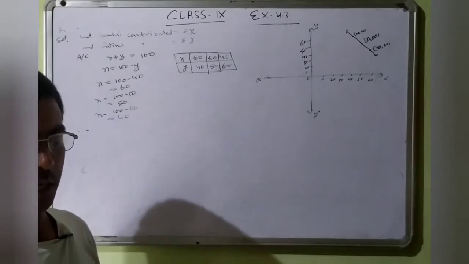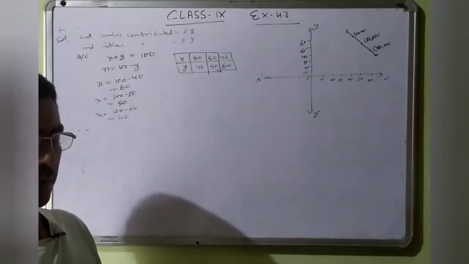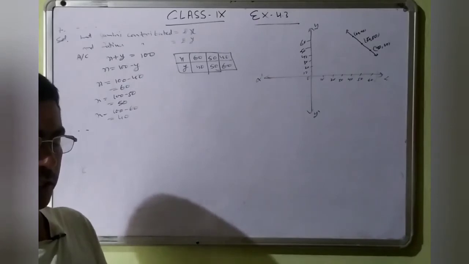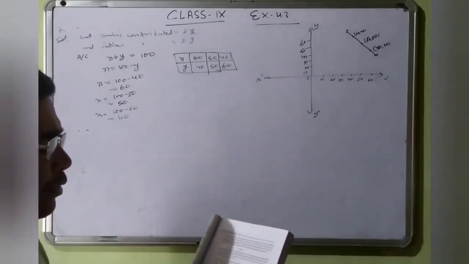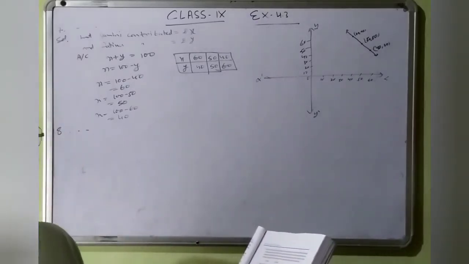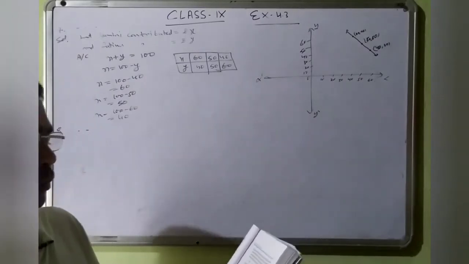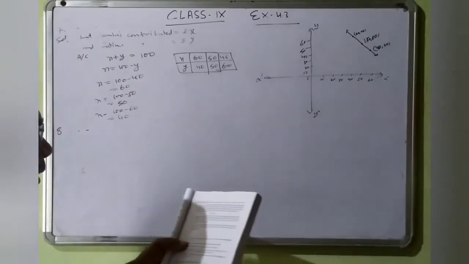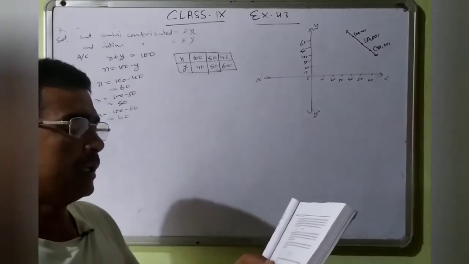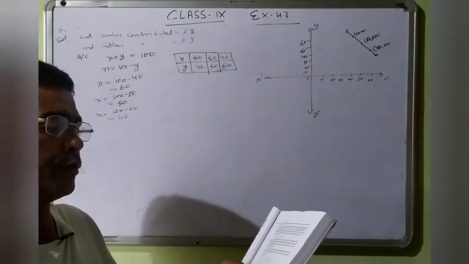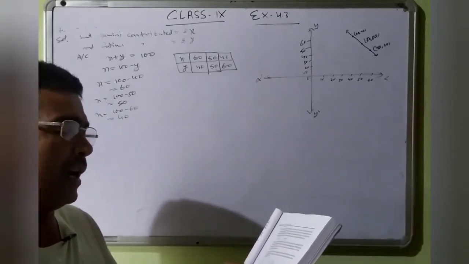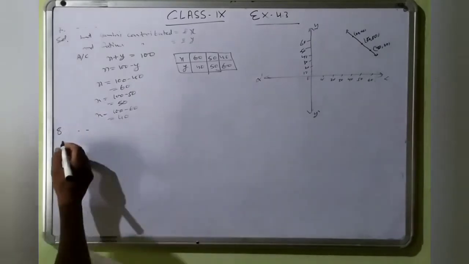Here is a linear equation that converts Fahrenheit to Celsius. It is given that F is equal to 9 upon 5 C plus 32. So the first part: draw the graph of the linear equation above using Celsius for X and Fahrenheit for Y.